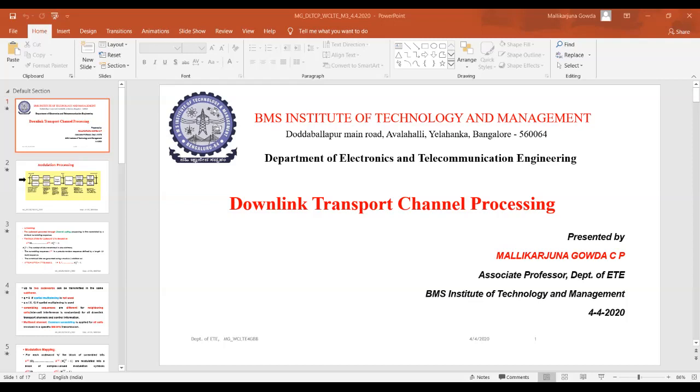The length of the transport block in LTE is one subframe duration, which is equal to 1 millisecond. And as I said, a CRC of 24 bits is added. That is the first step.